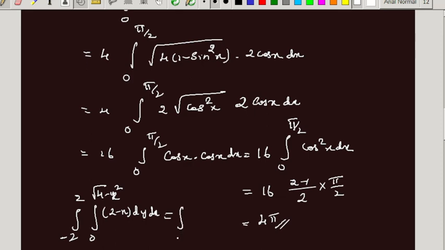We have written the limit as 0 to 2, integral from minus square root of 4 minus y square to square root of 4 minus y square, 2 minus x into dx dy. So we get the same answer if we use any method. So this is nothing but changing the order of integration.